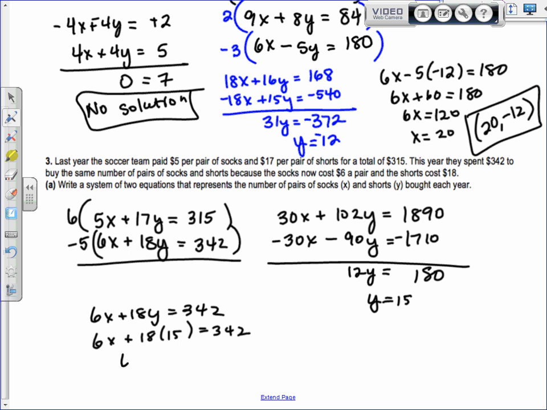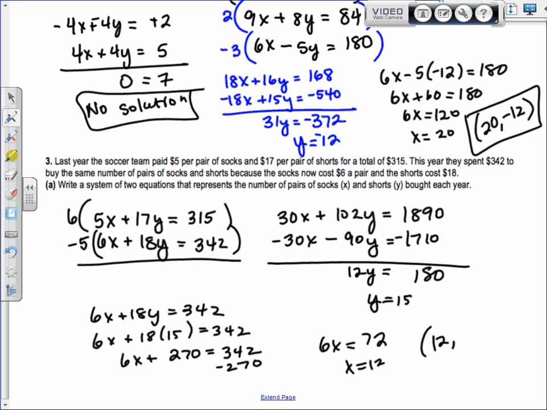So let's see, what's 18 times 15? 270. So 6x plus 270 equals 342. So subtract it out. What do we get? So 62? No, 72? All right, so x equals 12.